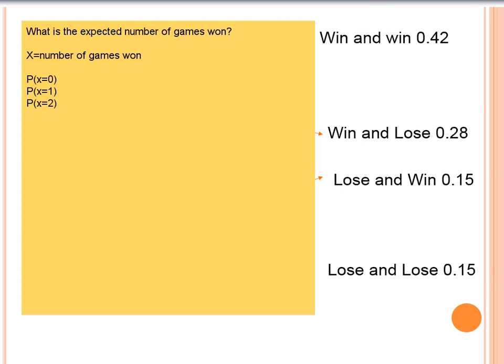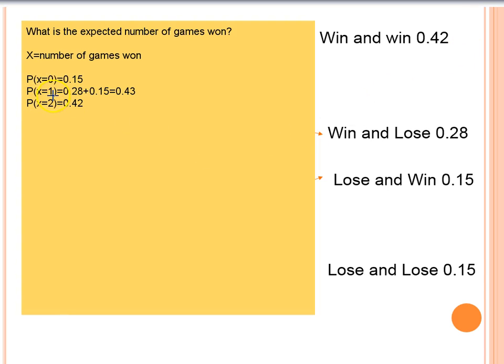So then we're going to use these probabilities to calculate the probability of each of these outcomes. So the probability that we win 0 games is the same as the probability of losing 2 games in a row, so 0.15. The outcome of winning 2 games means we win the first and the second, so that probability is the same.